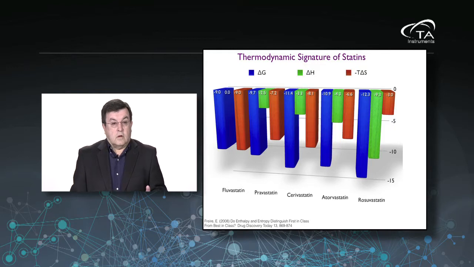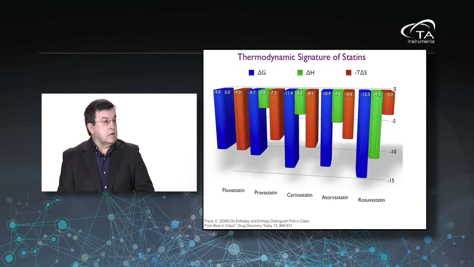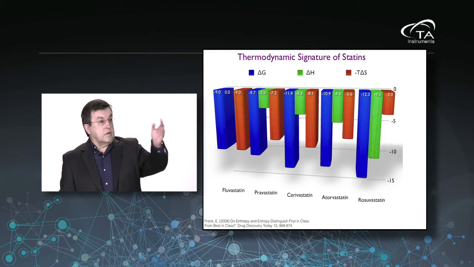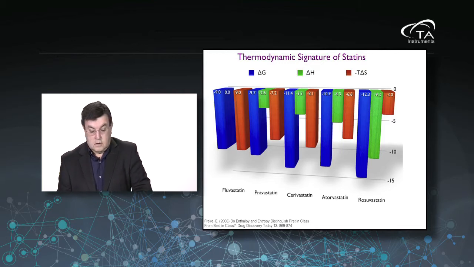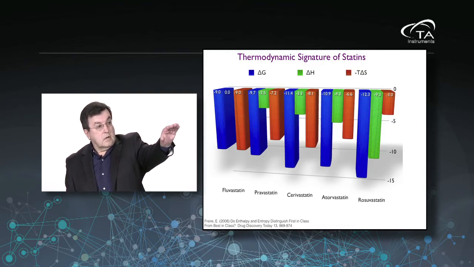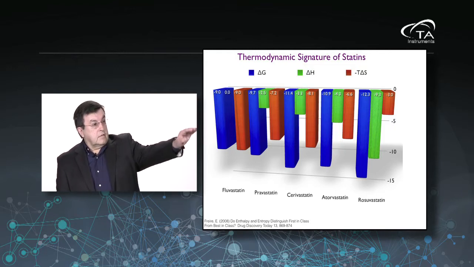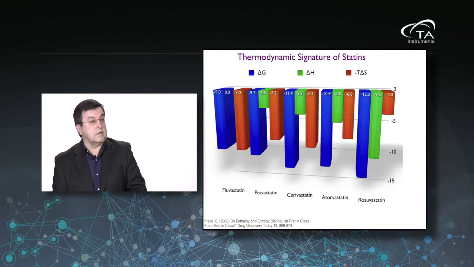Statins, which are one of the biggest sellers, the inhibitors of HMG-CoA reductase, the cholesterol-lowering drugs, show exactly the same pattern, starting from the original one to rosuvastatin, or Crestor, which is the latest one, and atorvastatin, which is Lipitor. You see a very, very nice progression towards higher enthalpy as the binding affinity also increases.